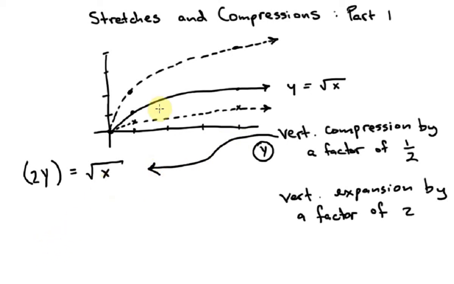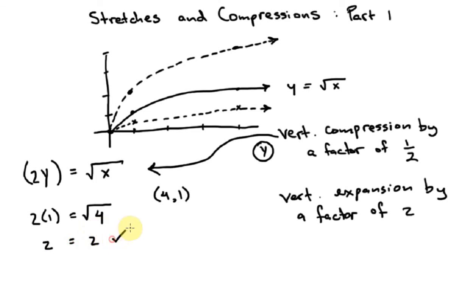Let's just see if some of these points are on there. Here's one of the points: 4 to the right, and it only goes up 1. Let's see if that works in this new transformed equation. So x is 4, and y is 1. Is this a true statement? 2 times 1 equals the square root of 4, which is 2.